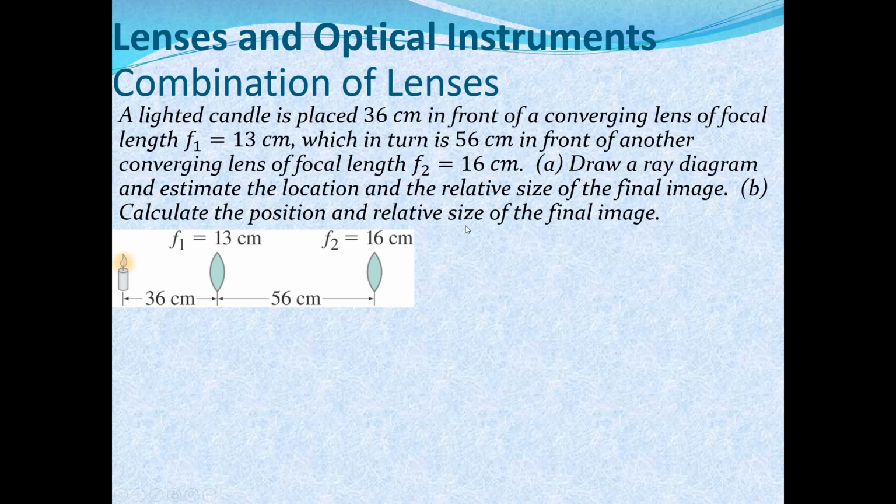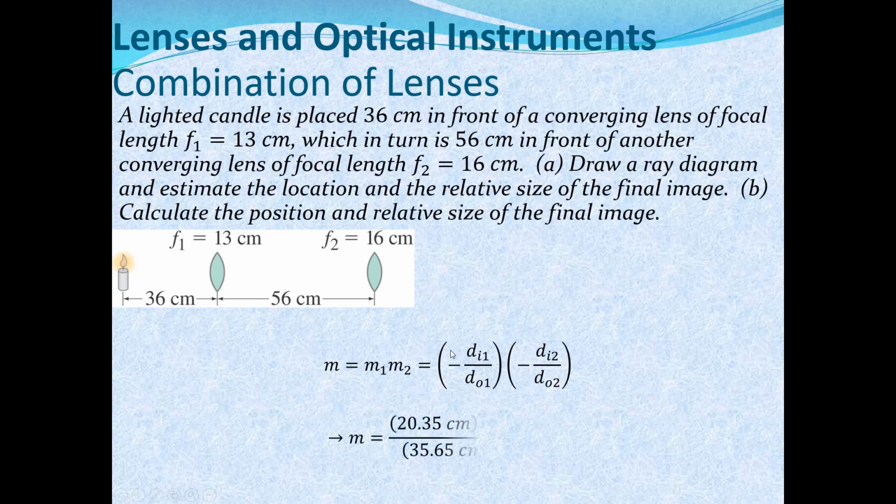Then for the relative size part, we take the two equations for the magnification, multiply them, and we end up getting 0.46. So we end up getting that it's upright and smaller than our original object, something that for some reason my diagrams aren't really getting too well.